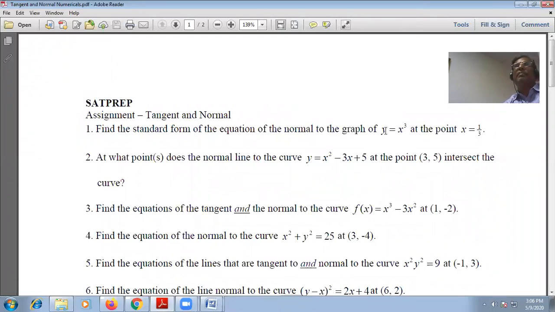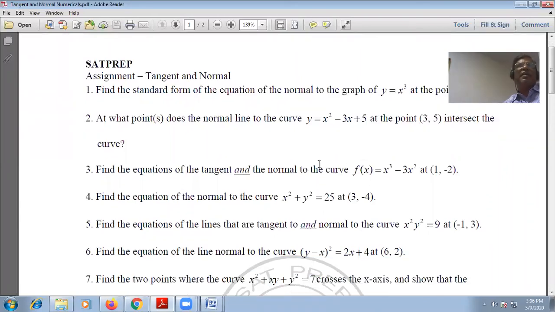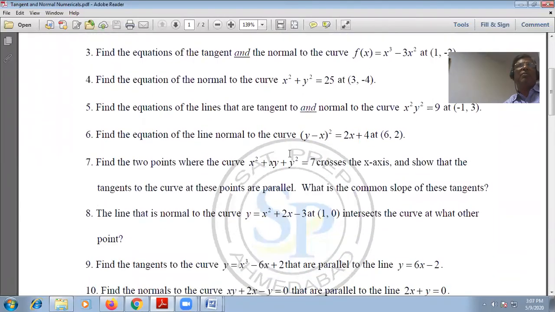Then after putting the value x is equal to this, you can find the slope of this normal. And putting x is equal to this, you can find the value of y. In this way, you will have x1, y1, and then by putting in the result, you can find the answer. These are some numericals you should try to do.